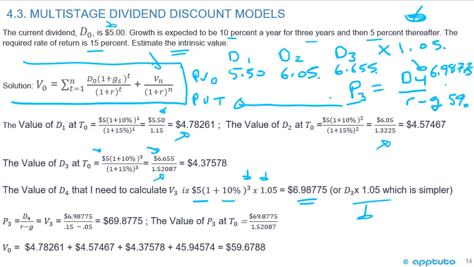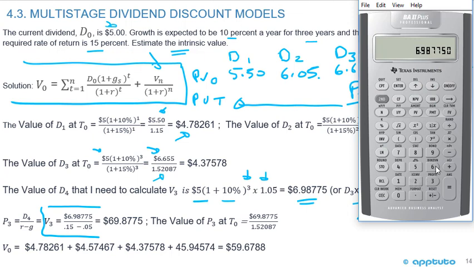So now we know that's our D4. We can calculate our P3, D4 over R minus G. So we're doing that right here. And you can see that's where we've got our V3, 6.98775 divided by the 15% required return minus our new growth rate, which is 0.05. So if I just bring up the calculator very quickly, we can see there's our 6.98775.